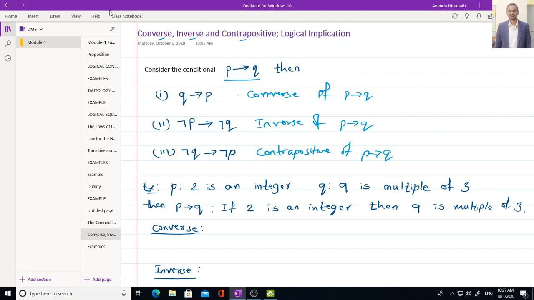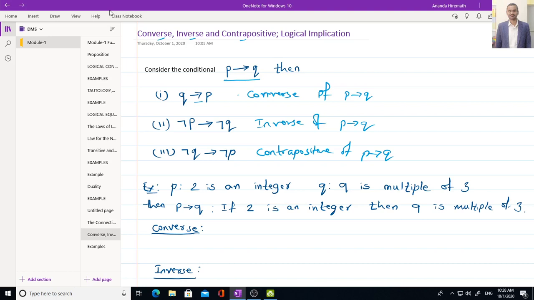I'll repeat. If there is a conditional P conditional Q, then Q conditional P is called as converse of P conditional Q. Then not P conditional not Q is called as inverse. Not Q conditional not P is called as contrapositive of this. So the first one is converse, means you can just reverse this.